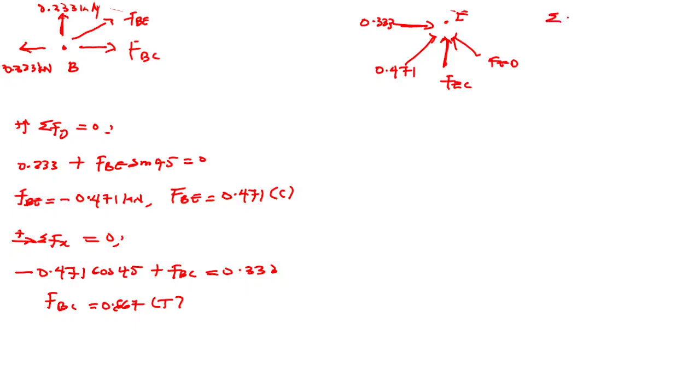So if we say summation of forces in the horizontal direction, we are going to have 0.333, sorry, I'm trying to manage space, plus 0.471 sine 45 equals FED sine 45.